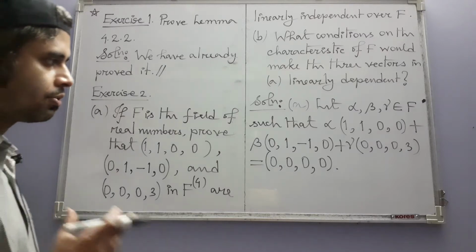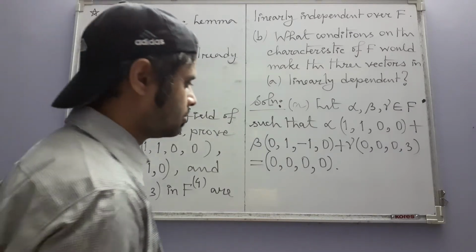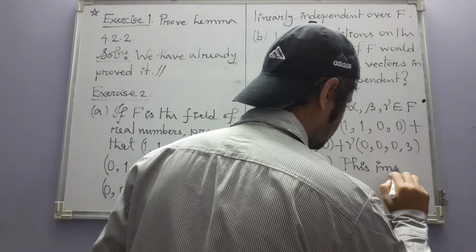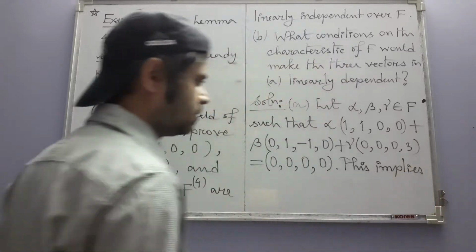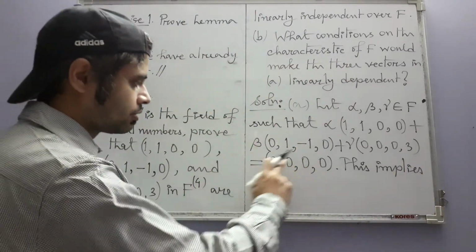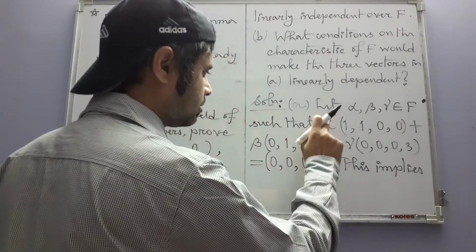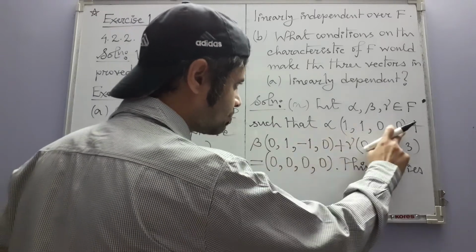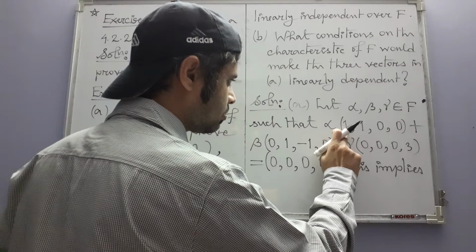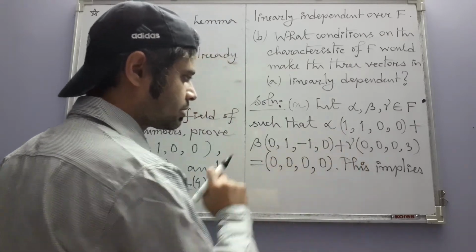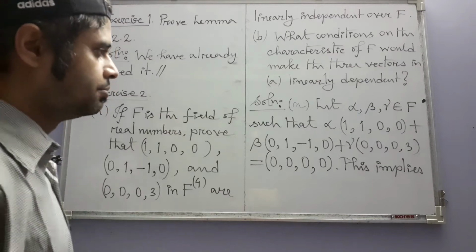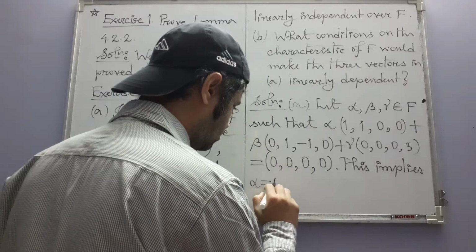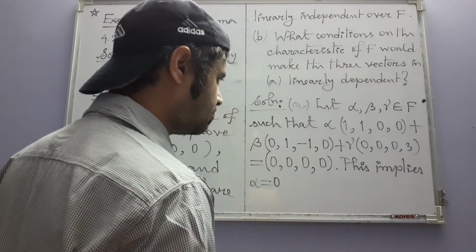Okay, so now we want to find out this alpha, beta and gamma. This implies, if you really calculate this sum on the left hand side, you get alpha, because you see here in this vector the first component is non-zero. In the other two vectors the first components are both 0. So we get alpha and that should be equal to 0. Then we look at the second component.